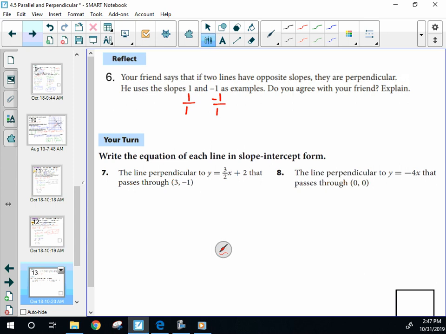They are opposite reciprocals, aren't they? But he just said opposite slopes. What if I gave you the example of 2 and negative 2? Are 2 and negative 2 opposite reciprocals? No. So do you agree? No, because they have to be opposite reciprocals.